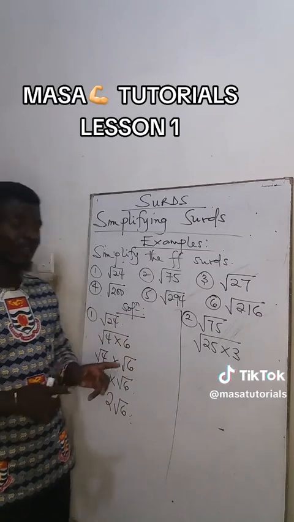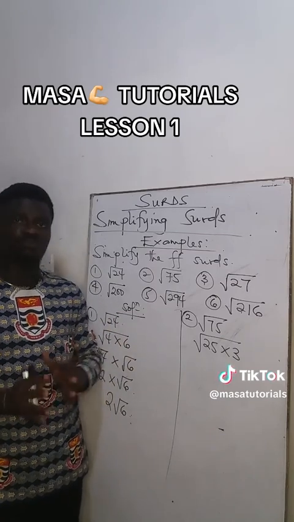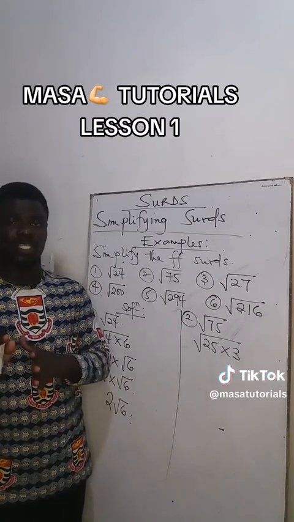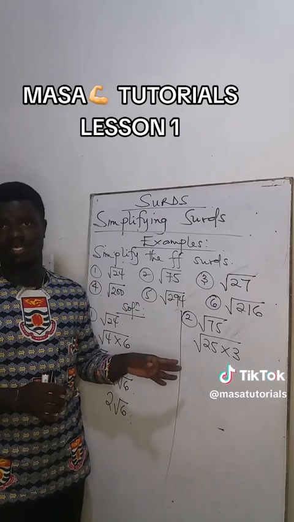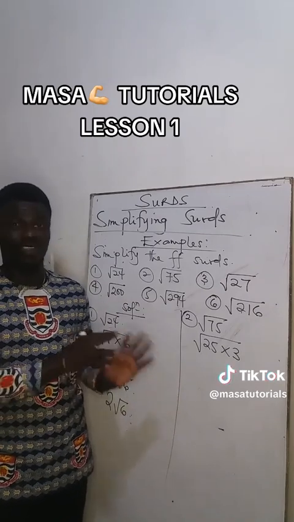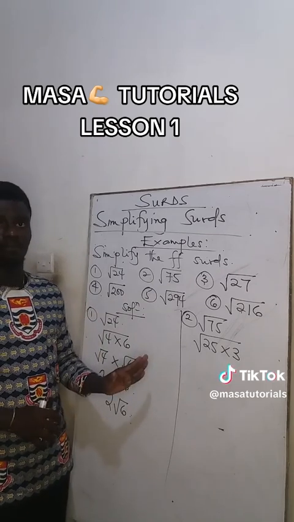So you should be very, very fast. You have to know your multiplication table. Those who don't know your multiplication table, this is where you will suffer. So please know your multiplication tables very, very well, because when it comes to this, you have to know them.